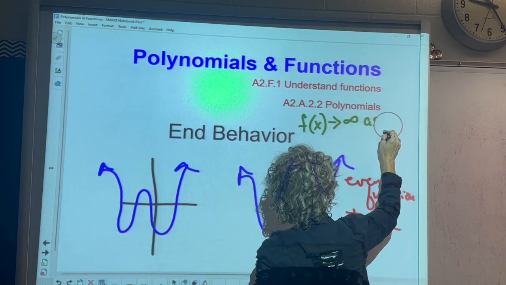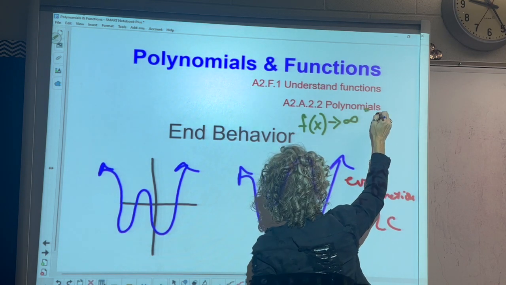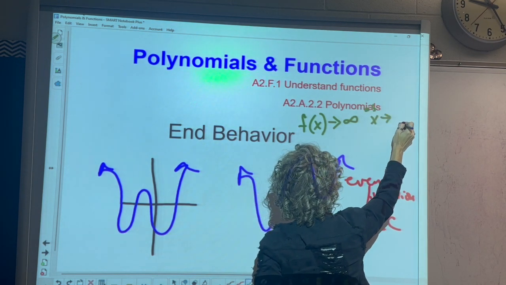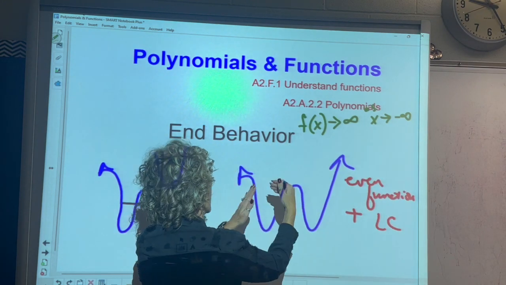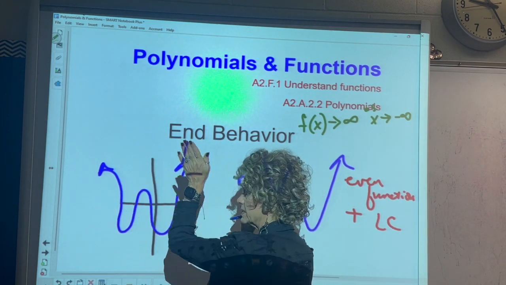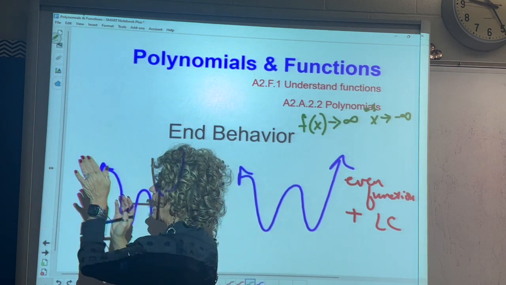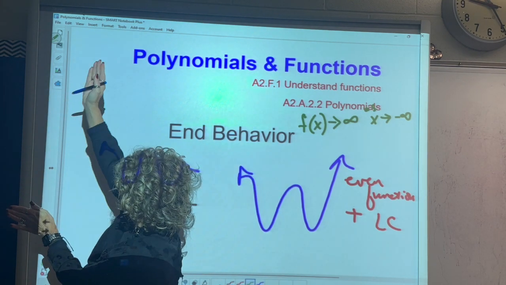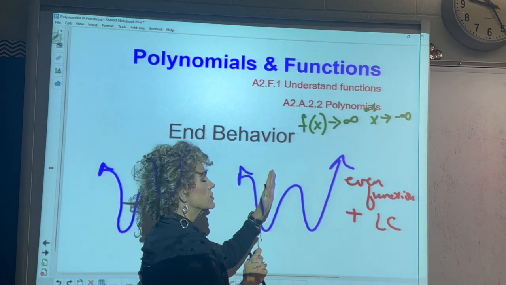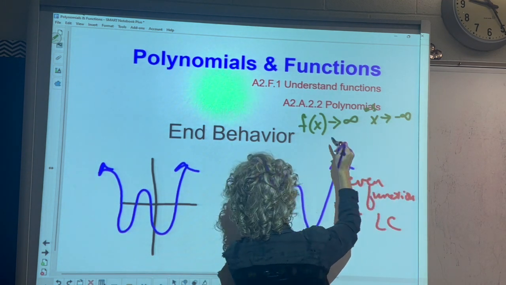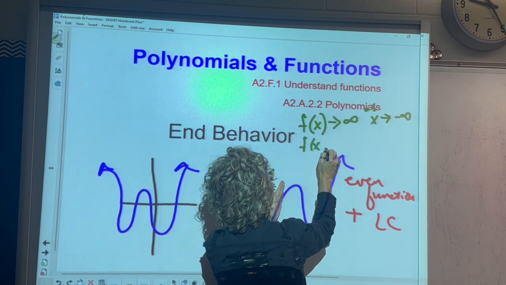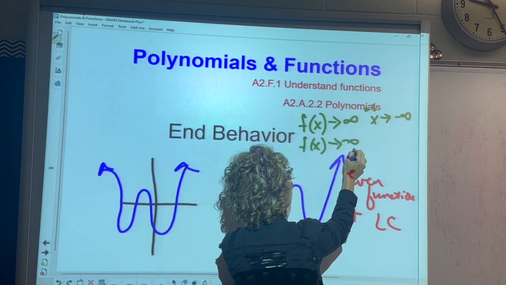Make that as x goes to negative infinity, because I'm continuing left, in a negative direction, and as I continue negative, my function is going in a positive direction. So now if I look at the right, again, I'm still going up. My function value is still going to infinity.